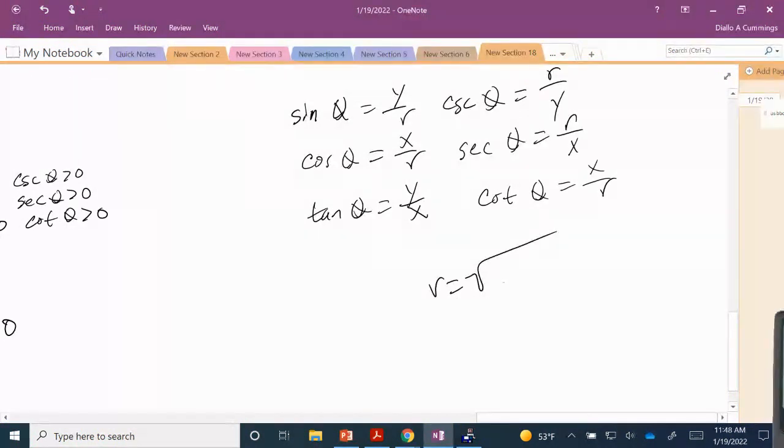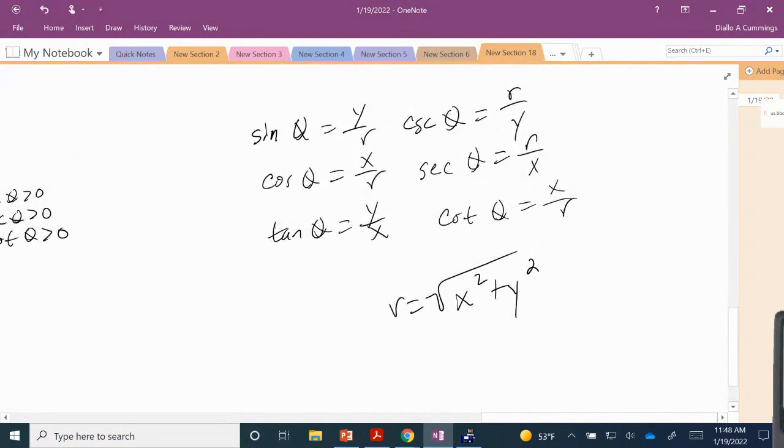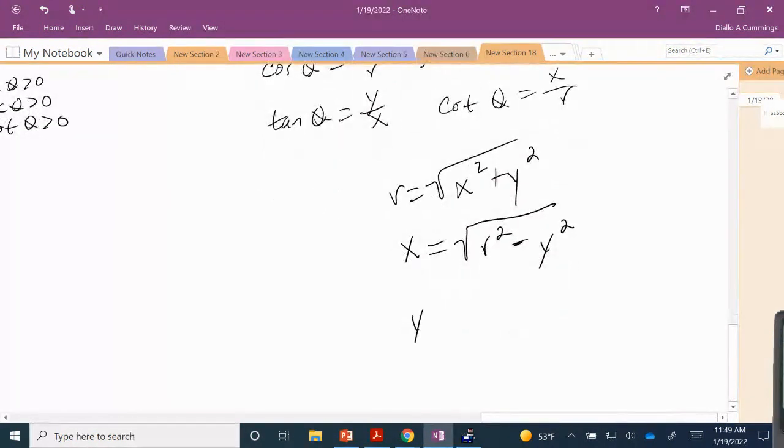And then we have r is equal to the square root of x squared plus y squared, right? Which is what we have from the lecture notes. I'm going to add these two. x is equal to the square root of r squared minus y squared. y is equal to the square root of r squared minus x squared.